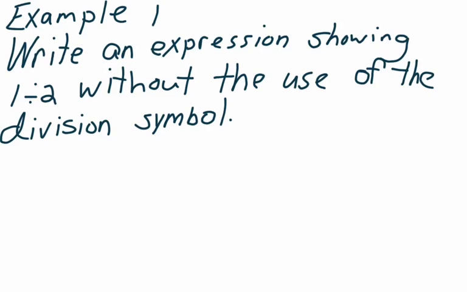Okay, so example 1, we're going to write an expression showing 1 divided by 2 without the use of the division symbol. How can we do that? What form could we write that statement in? Okay, so we can do that by writing it as a model.